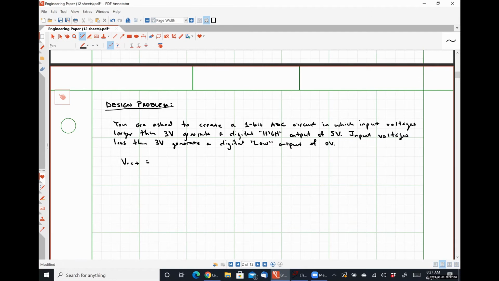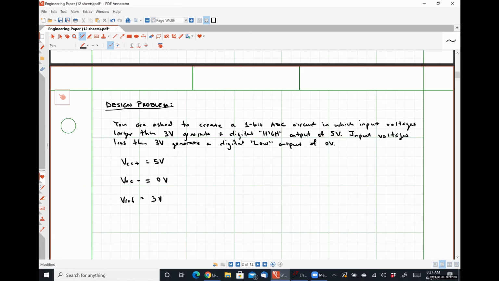So VCC plus is equal to 5 volts because we want our high output to be at positive 5 volts, right? So what is VCC minus? It needs to be 0 volts, because that is our low output. What does our reference voltage need to be? 3 volts, because that's what we're comparing our input signal to.